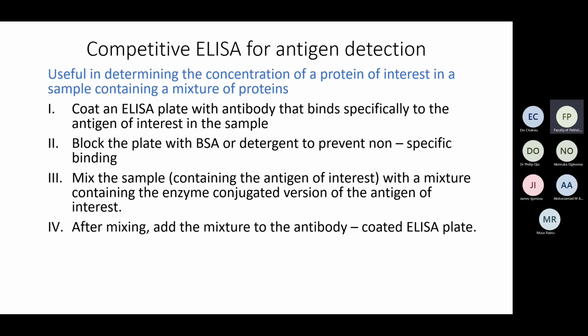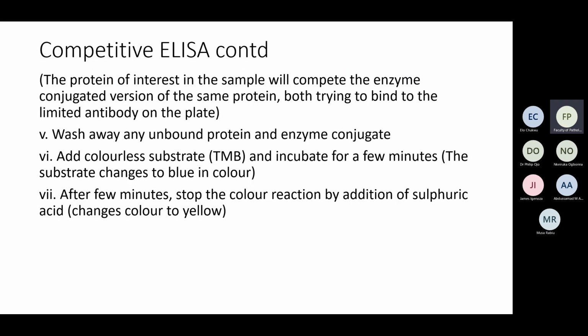Now, the protein of interest in the sample will compete with the enzyme conjugated version of the same protein, both trying to bind to the limited antibody on the plate.